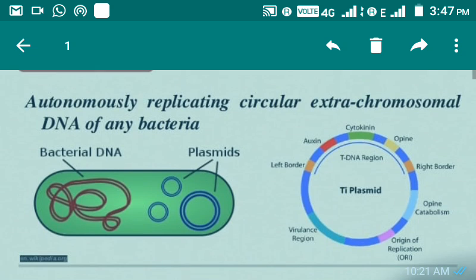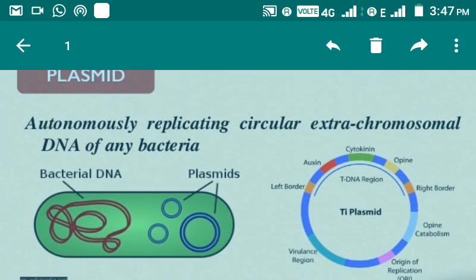You might be knowing that in a bacterial cell there is a genome, that is bacterial DNA. But apart from this bacterial DNA, another circular and small DNA is there, that is known as plasmid. This plasmid is very important for cloning. That cloning is a part of biotechnology.